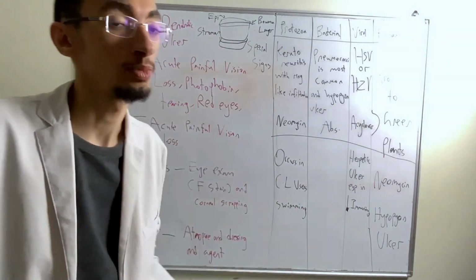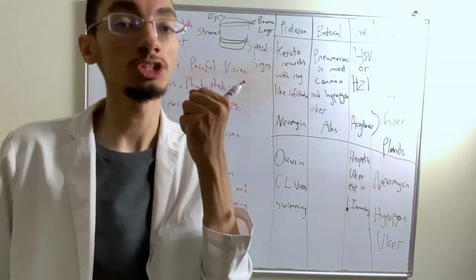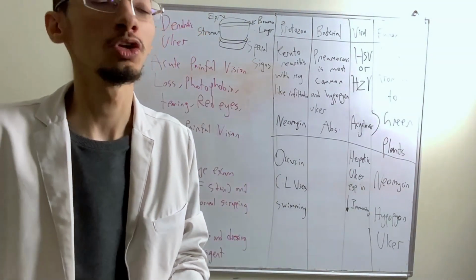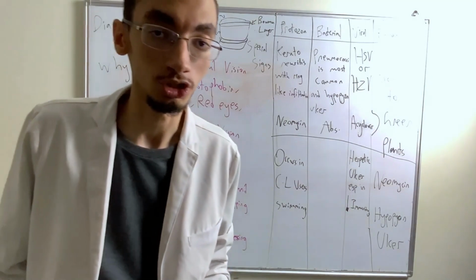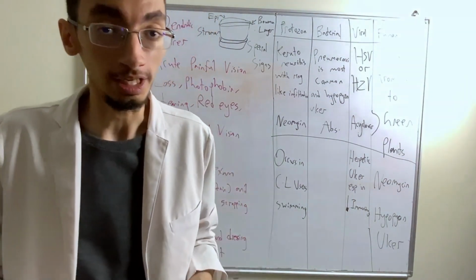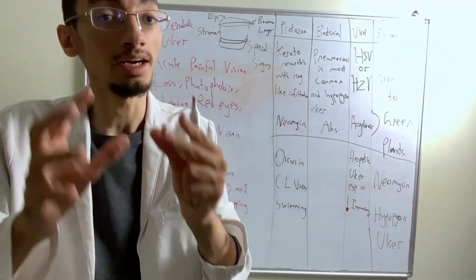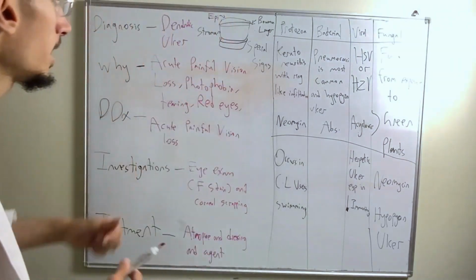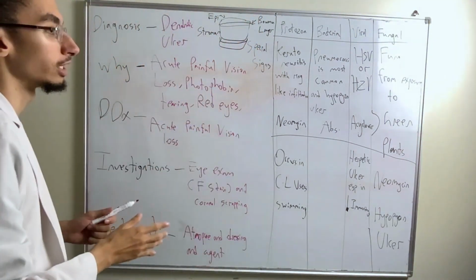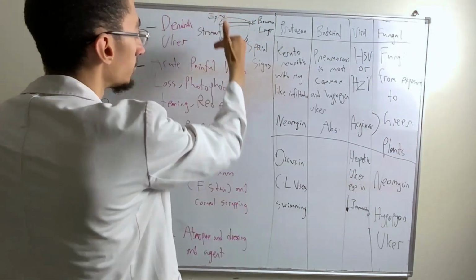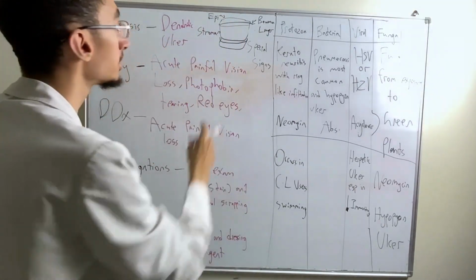And normally it's transparent. However, when you have inflammation of the cornea, for whatever reason, could be infectious, could be non-infectious, this will be known as keratitis. Let's say this is the cornea right here, and I divide it into layers. The first layer is the epithelium.